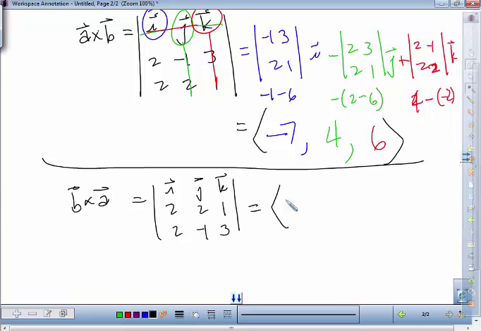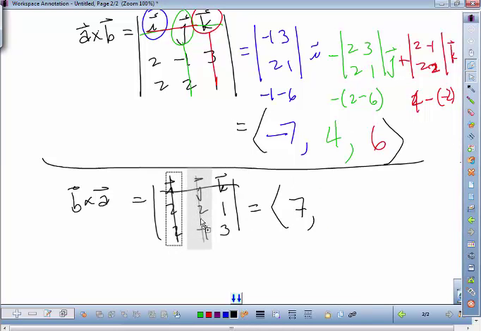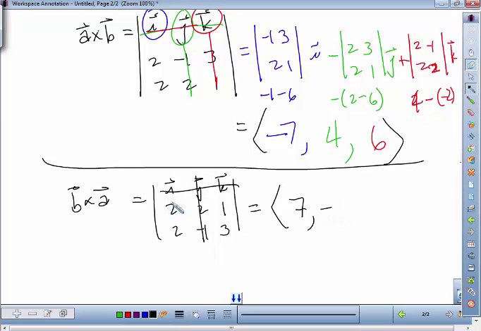So let's see if you know how to do this already. I'm in the I direction. That's the first component. I'm going to cross out the row and the column, and then I'm taking the determinant of this. So I have a 6 minus negative 1, 7. Next step, I'll have a negative in front of this, and then I have a 6 minus 2. That's a 4, right?